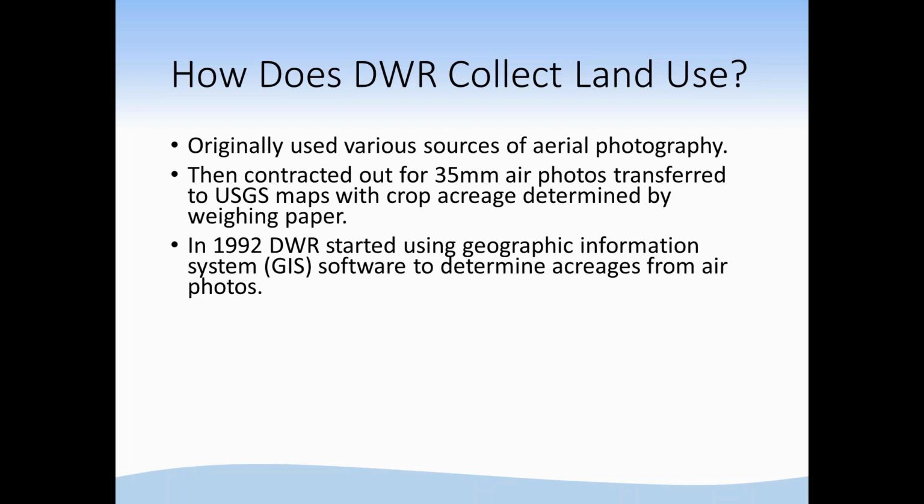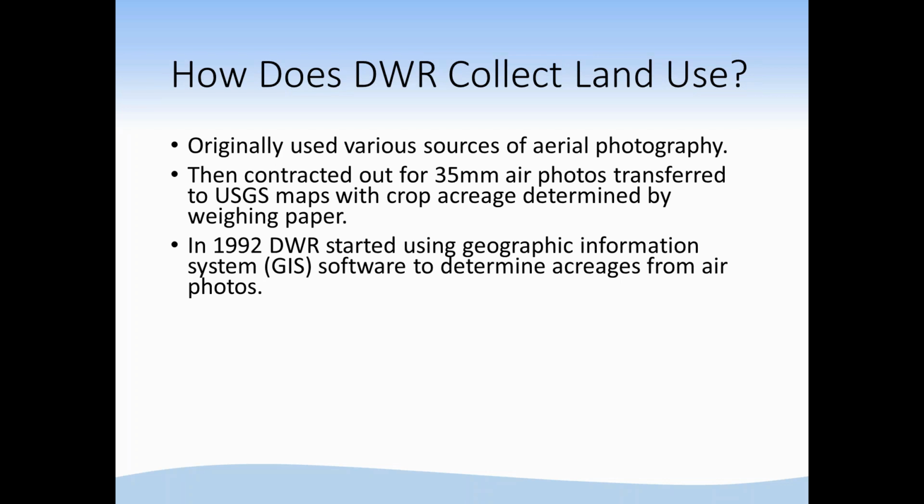Say we wanted to map almonds: we would draw all the almond orchards on all the quad maps, and we'd cut out all the different land uses, almonds, walnuts, field crops, and weigh the paper from the quad maps on a chemical balance. That's how we would determine the area of the collected amount of crops within that quad or DAU.